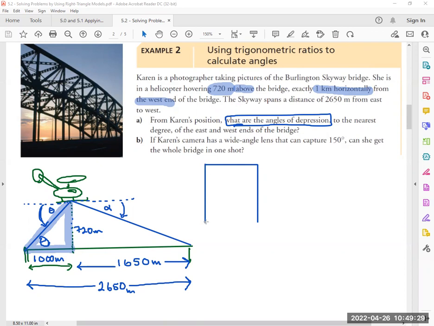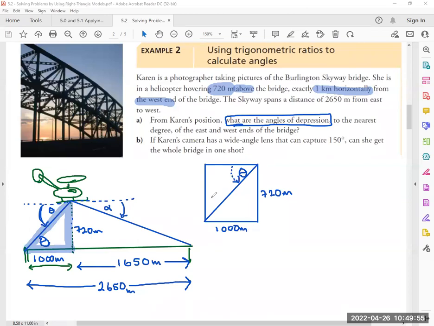So this is the same. If I am going to calculate the angle of depression, I already know that the vertical height of the helicopter is 720. I already know that this base is going to be 1,000.